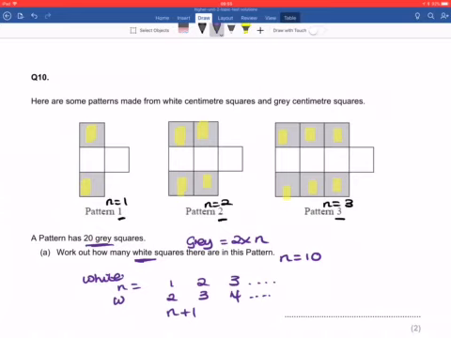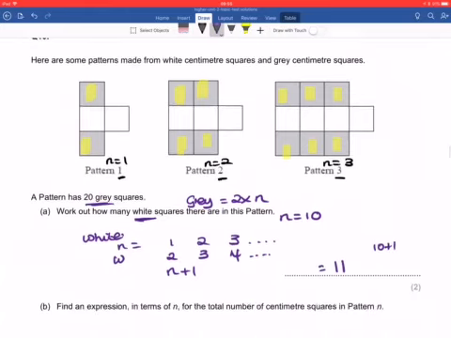So looking at the 10th pattern, I must have had 11 white squares because I must have had 10 plus 1, which is equal to 11.